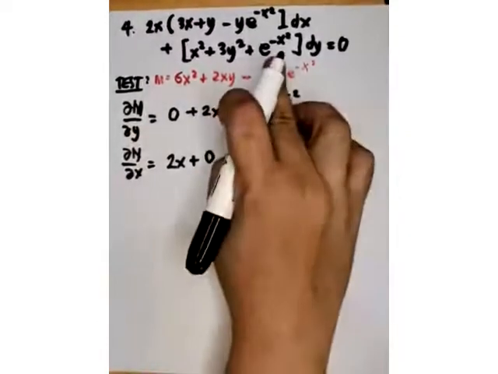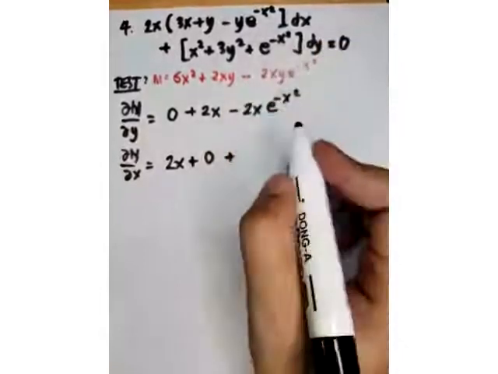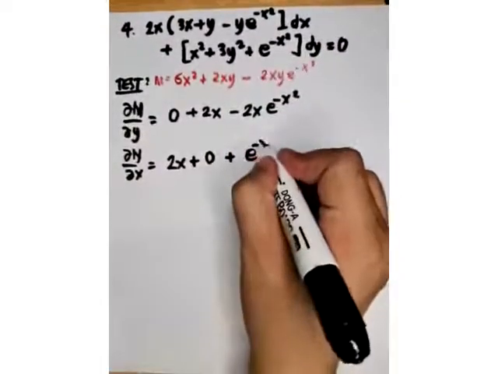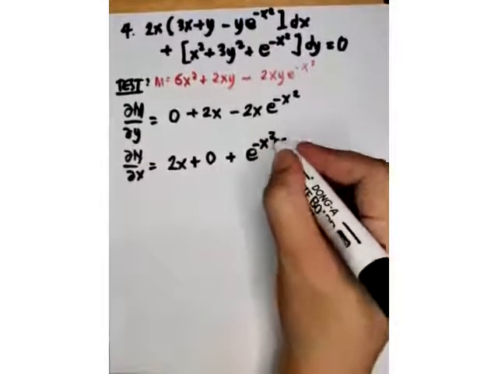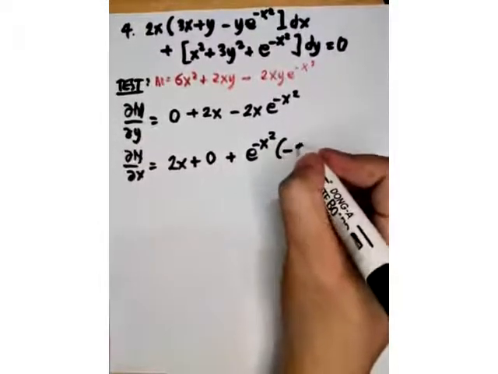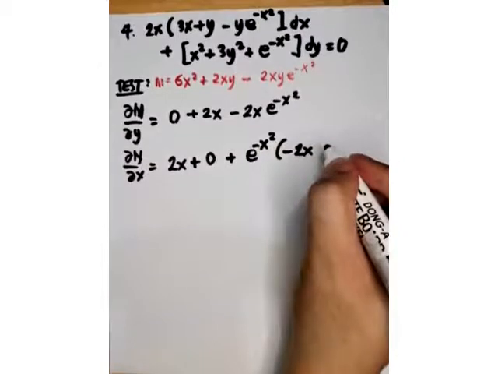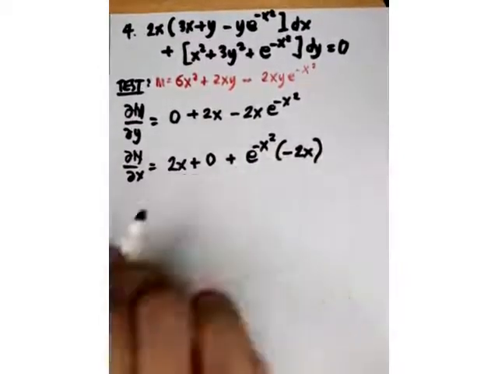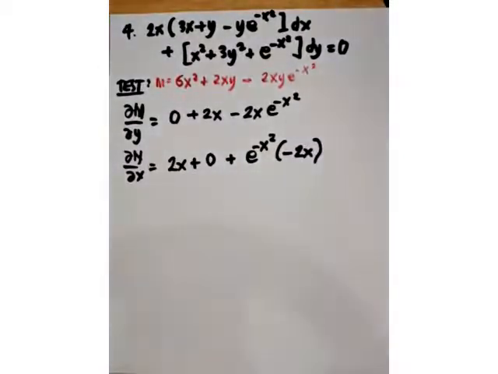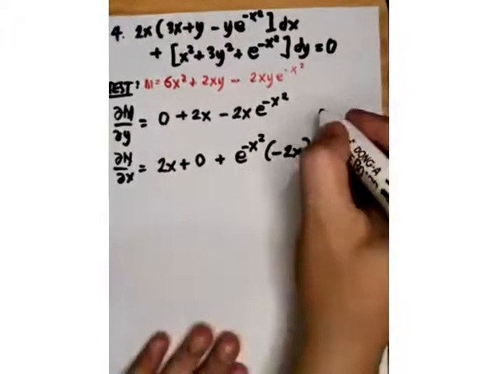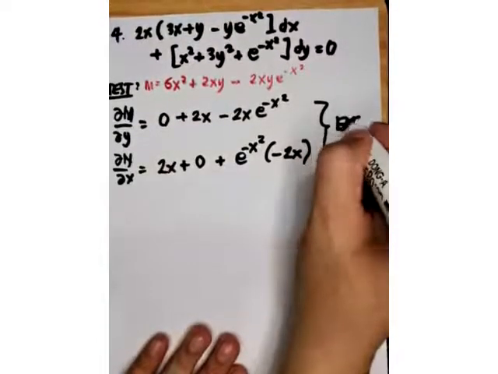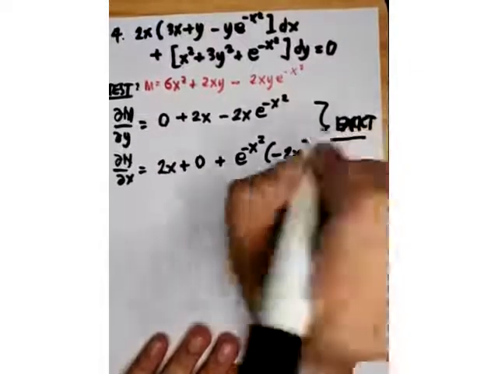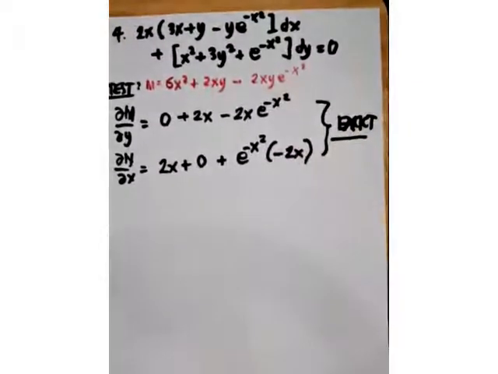Okay, plus. Anong derivative nito? So, ikakopy natin siya, by exponential. And then, i-derive natin yung exponent niya. So, that's negative 2x. Are they equal? Yes. So therefore, the equation is exact. Wrong spelling. Exact. Ayan. So the equation is exact.